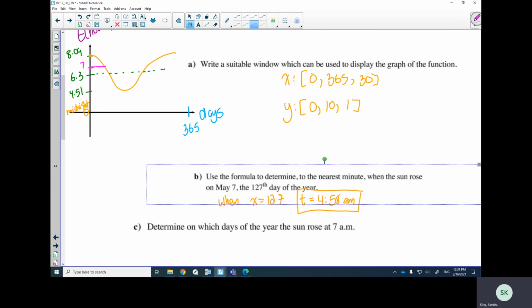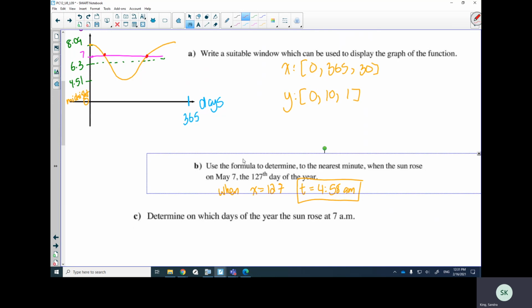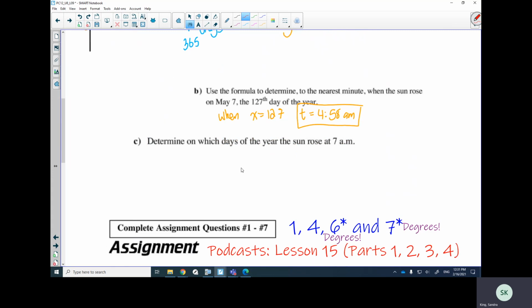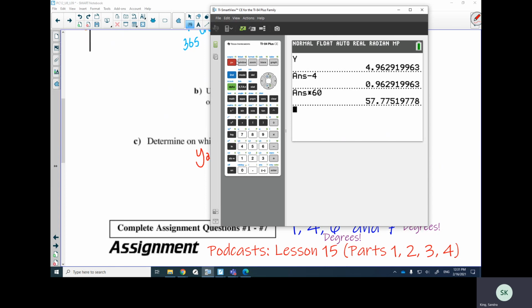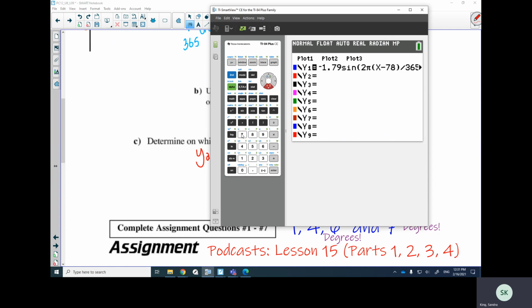If that's 7 a.m., what are the 2 days of the year where the sun rises at 7? So that's going to be a Y2 question. Y2 is equal to 7 a.m. So then I go to my graph, and in Y2 I'm going to put 7 a.m.